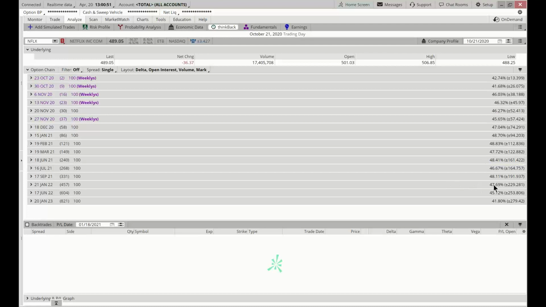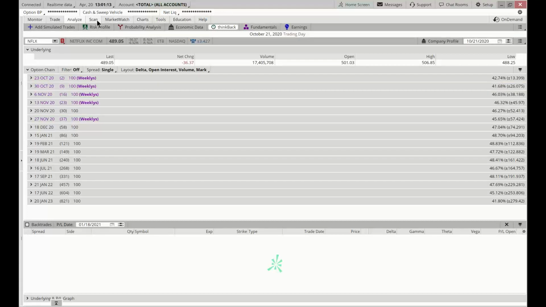Bam. You can see there that only took 1 day to get inside of my leap zone. My leap IV zone is up here at 46, 48, 47, 45, and 41. And we were able to get sub-leap zone IVs in a 1 day move.